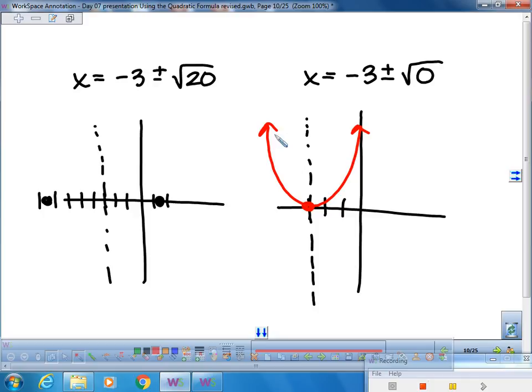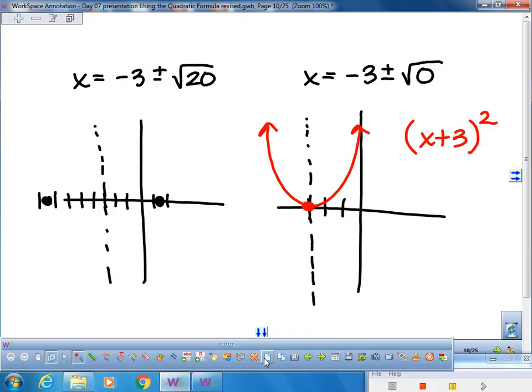It's just going to skim it. And we saw something like that when we factored, that would be one of those, right? A double root. Well, we have one more.